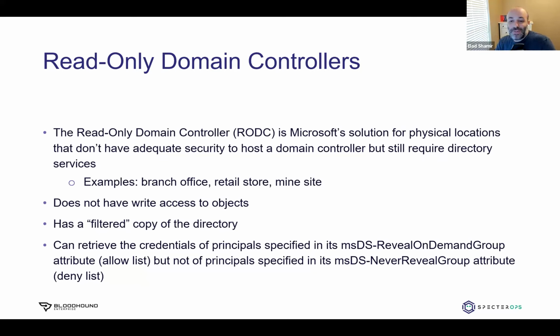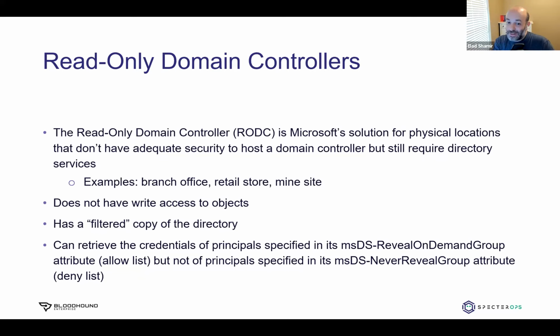To solve that problem, Microsoft introduced the read-only domain controller, or RODC for short. The RODC doesn't have write access to the directory, so it can't make any changes to any objects there, unlike a normal domain controller or a writable domain controller. The RODC has only a filtered copy of the directory, meaning that sensitive information or sensitive attributes are not replicated to it.